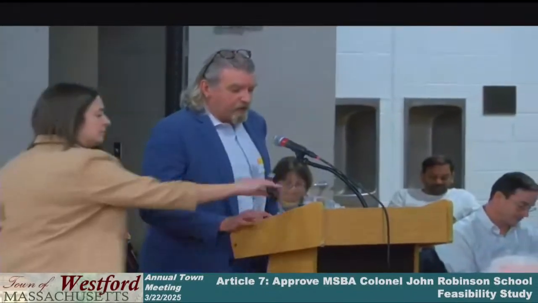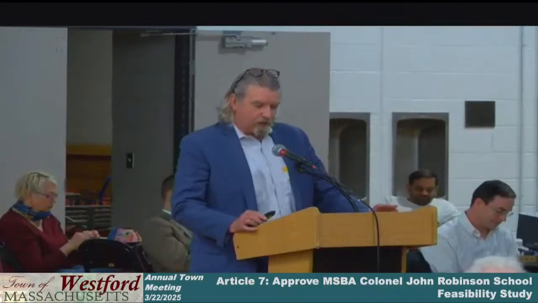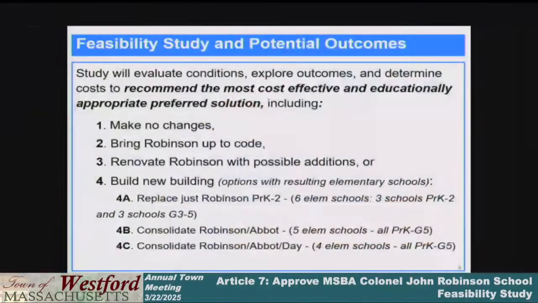So the study evaluates the school's current conditions and explores a range of potential outcomes, recommending the most cost-effective and educationally appropriate solution. Working with the MSBA requires studying 4 outcomes: making no changes, bringing Robinson up to code, renovating Robinson potentially with additions, or building a new building.